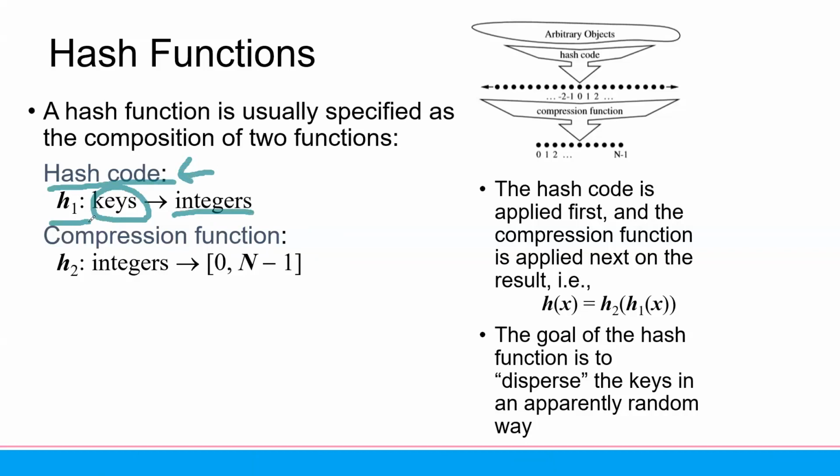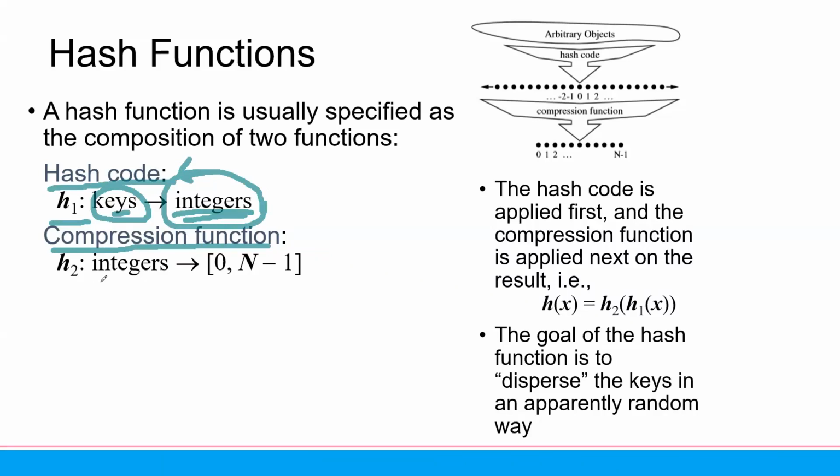Let me call it h1. h1 is a function to change the keys into integers. And I have the integer values, but I need to compress them. Compression means that the integer value may not fit the size of the array that I have.